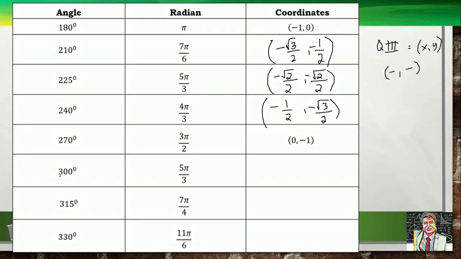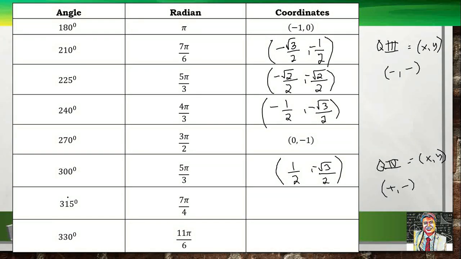For 300 degrees, 300 degrees is belong to quadrant 4. Wherein quadrant number 4, ang x and y natin, or ordered pairs natin doon, that is positive and negative. So, quadrant number 4, ang reference angle niya, that is 60 degrees. So, therefore, ang ordered pairs niya, that is 1/2 and square root of 3 over 2, wherein square root of 3 over 2 should be negative since nasa quadrant number 4 siya.